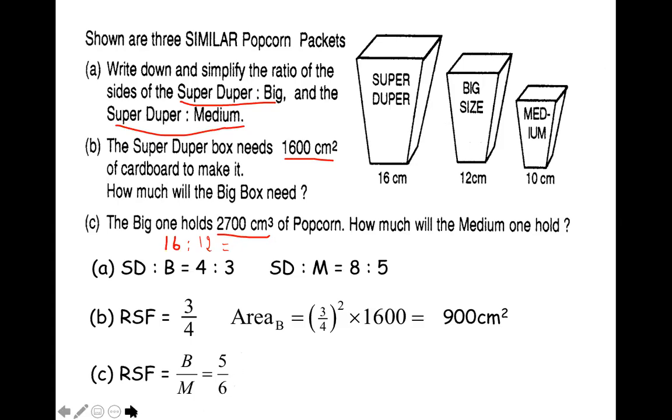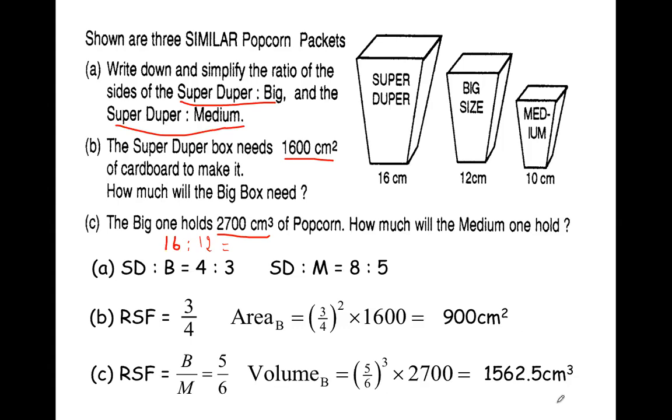And because we're talking about volume, the volume for the smaller of the two is going to be (5/6) cubed times 2,700. And if you plug that in your calculator, you should get 1,562.5 centimeters cubed. So I've not checked, but I think you can just put 1 decimal place in case there was more than that. They've not asked us. Okay, so that's how you do volume.